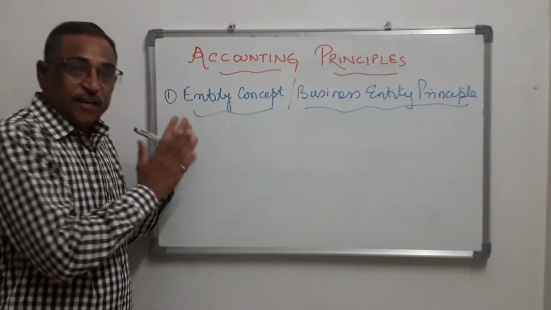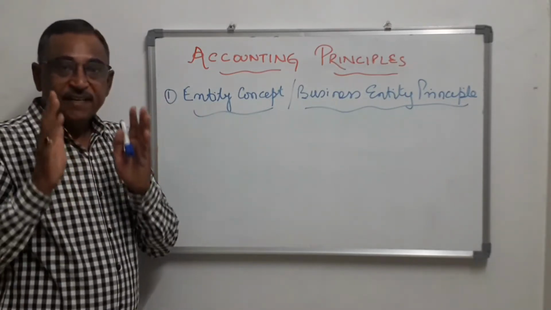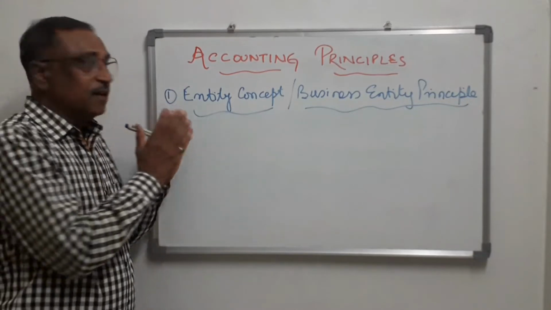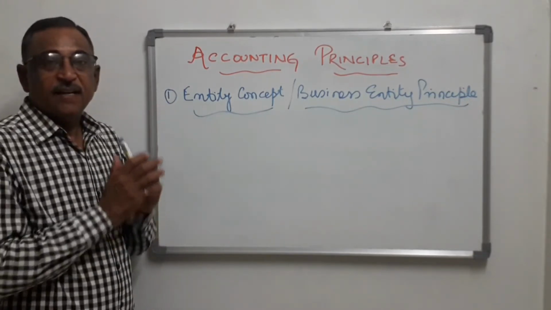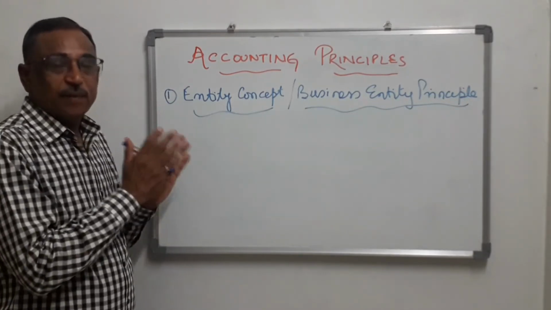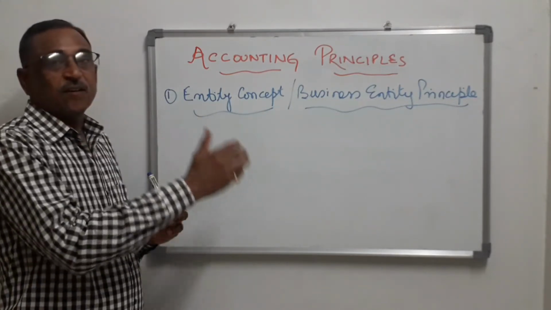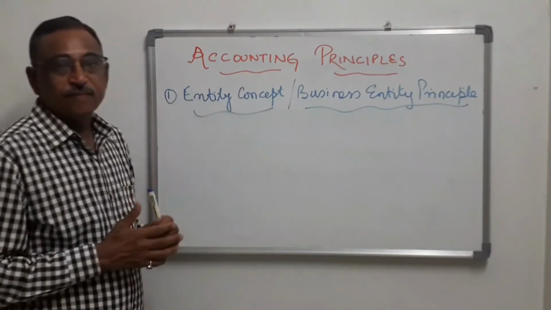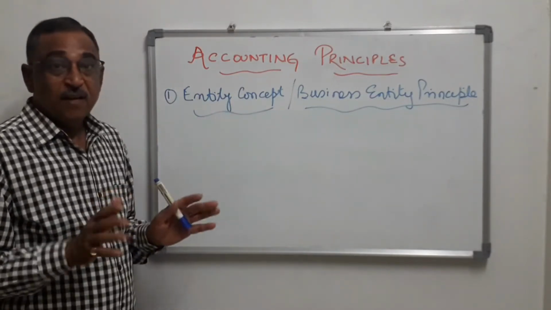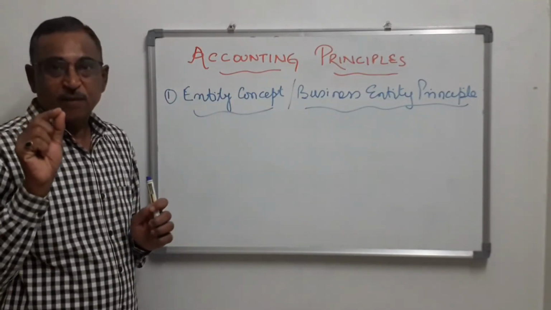Owners, according to this concept, are treated as the creditor of the business, and it is termed as internal liability of the business. Clear? And they are entitled to the extent of the capital invested. Simple. But this is the most important principle.